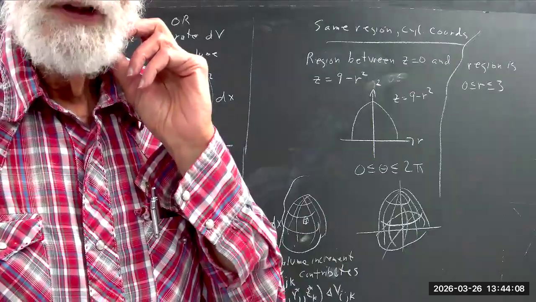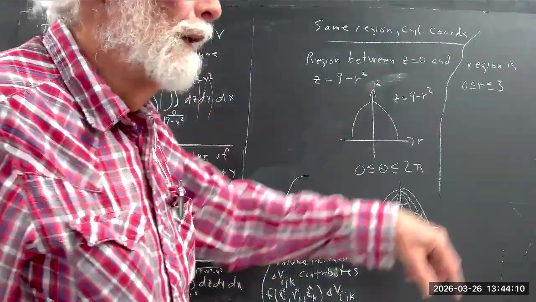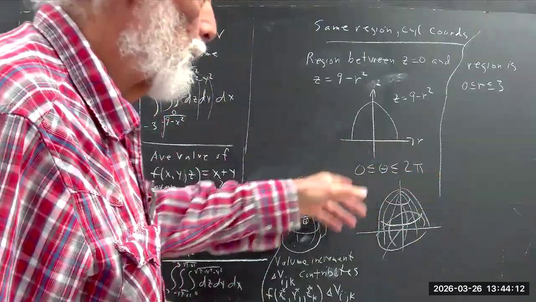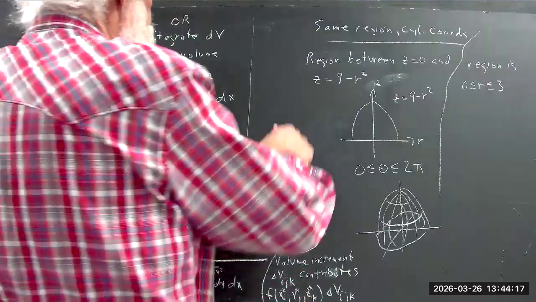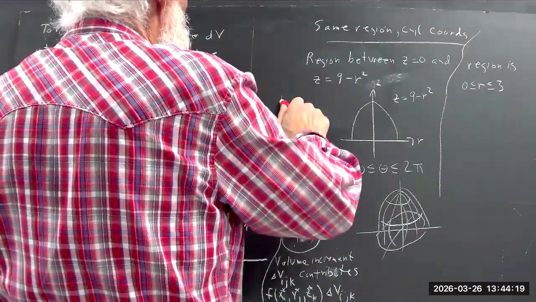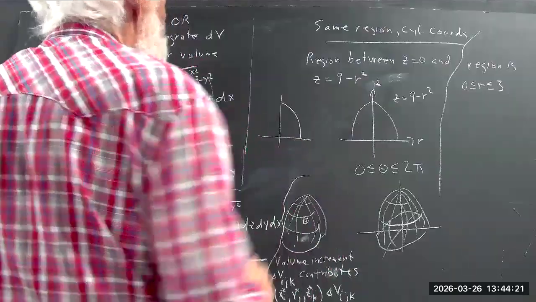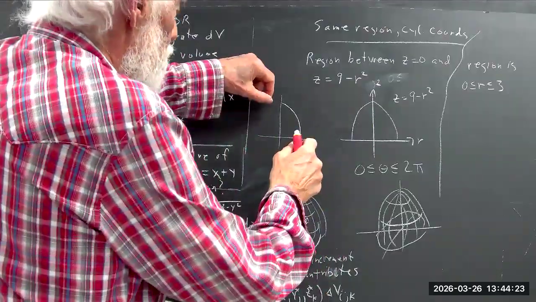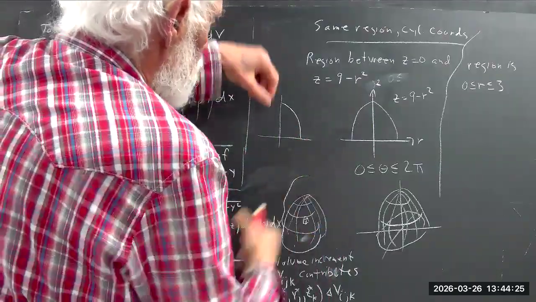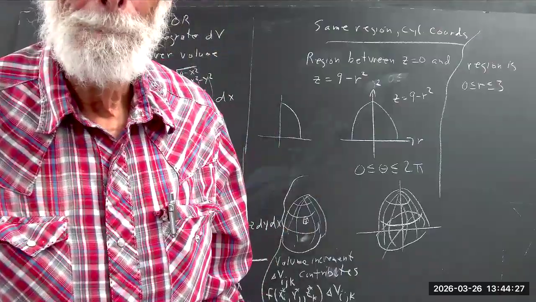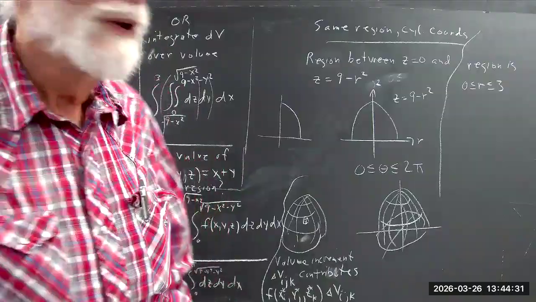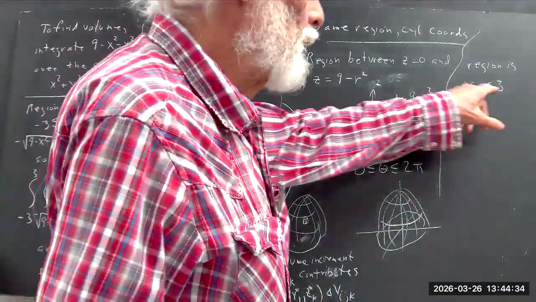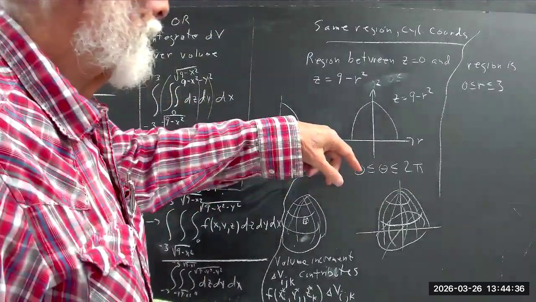You don't have to go to a negative r because you're going to let theta go all the way from 0 to 2 pi. So it's like you've got just this part of the parabola, but now you get to take this thing and rotate it 360 degrees. You don't have to rotate both sides for 360 degrees. We could go from r equals -3 to 3.